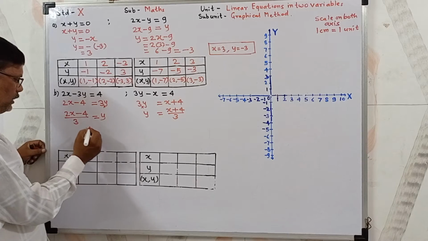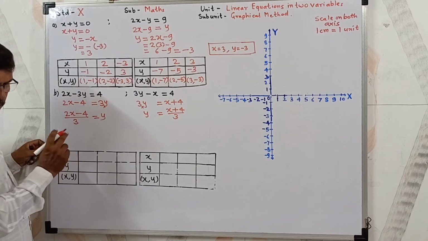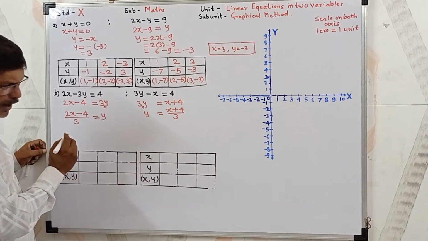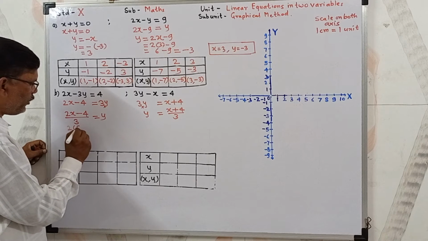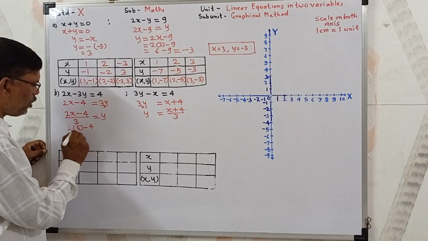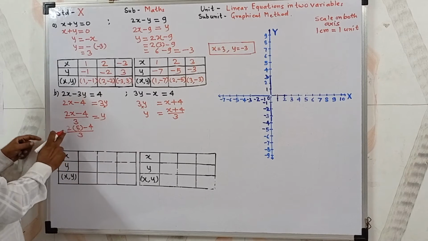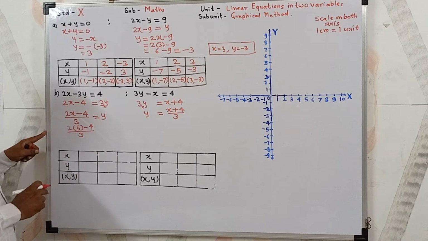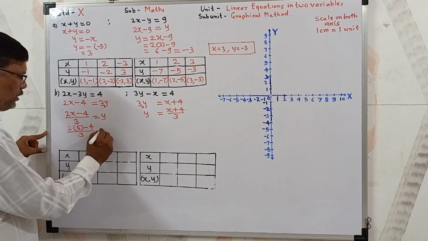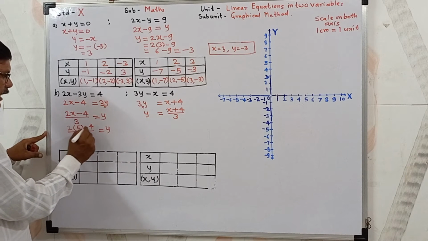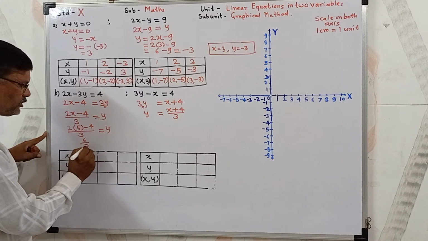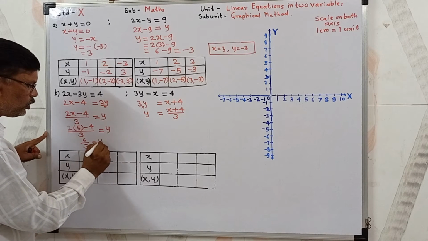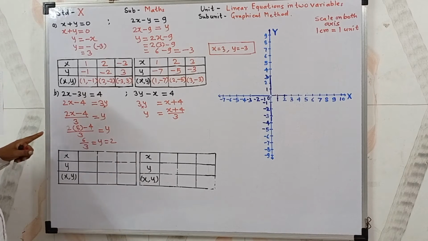So now we take the value 5. 2 into 5 minus 4 upon 3. 2 into 5 is 10. 10 minus 4 is 6. 6 upon 3 is equal to 2. Listen here.